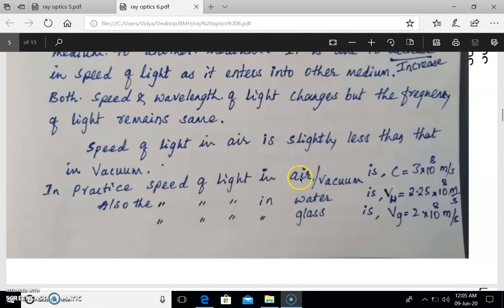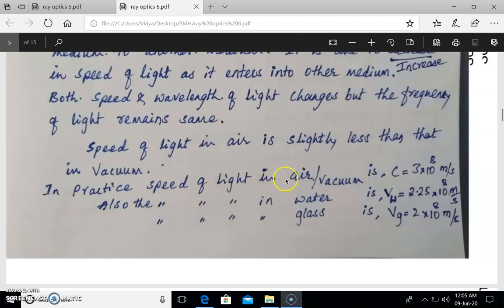The speed of light in air is slightly less than that in vacuum. A number of experiments were conducted to determine this very important quantity, that is the speed of light in vacuum, which amounts to 2.99 into 10 raised to 8 meter per second, but it is approximated to 3 into 10 raised to 8 meter per second.